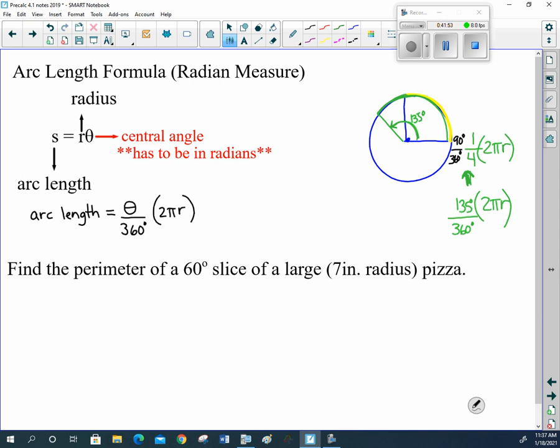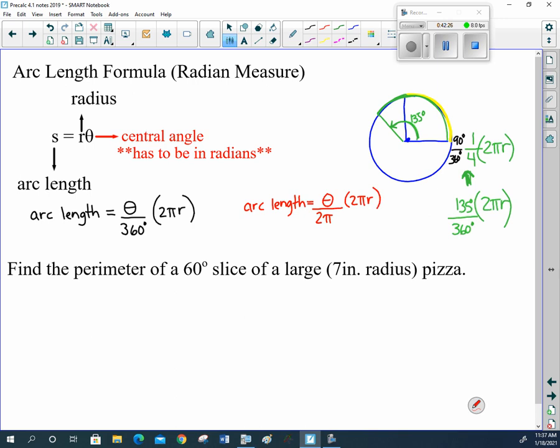So how do they come up with this formula in terms of radians? Well, basically they take this formula that we used before in degrees and they convert it. So instead of doing 360 degrees, what's 360 equivalent to in radians? It's 2 pi. So how do they get this formula? Arc length equals theta. Instead of writing 360, they write 2 pi, because this is going to be in radians now, times 2 pi r.